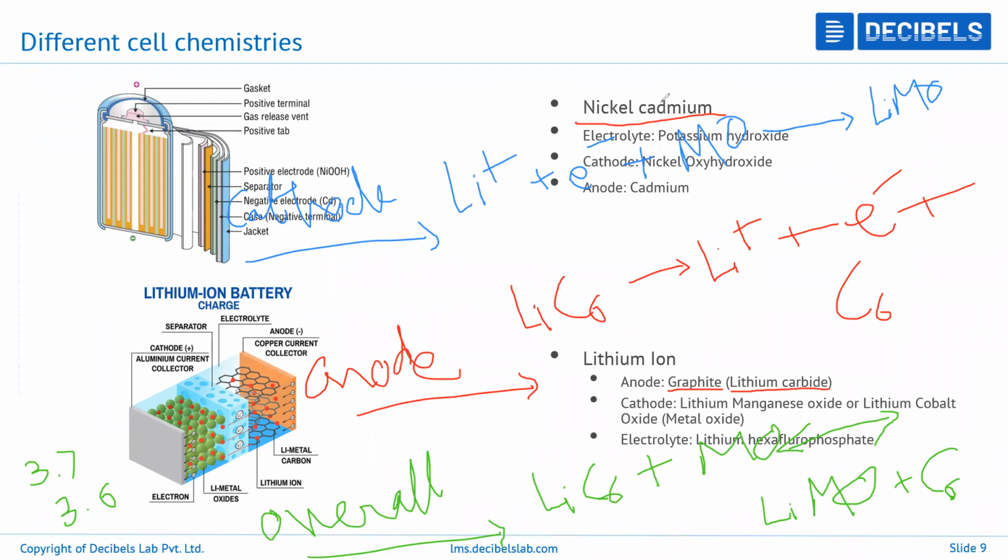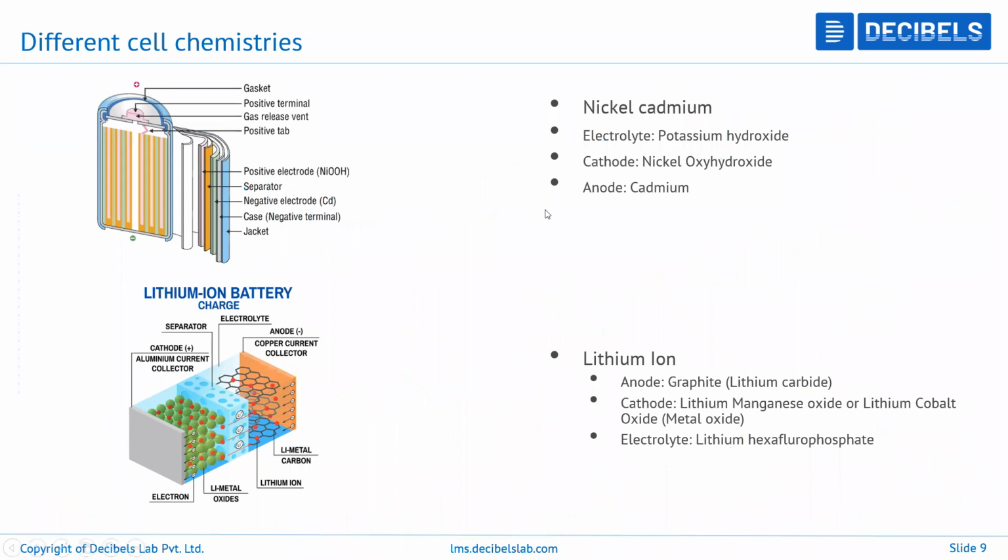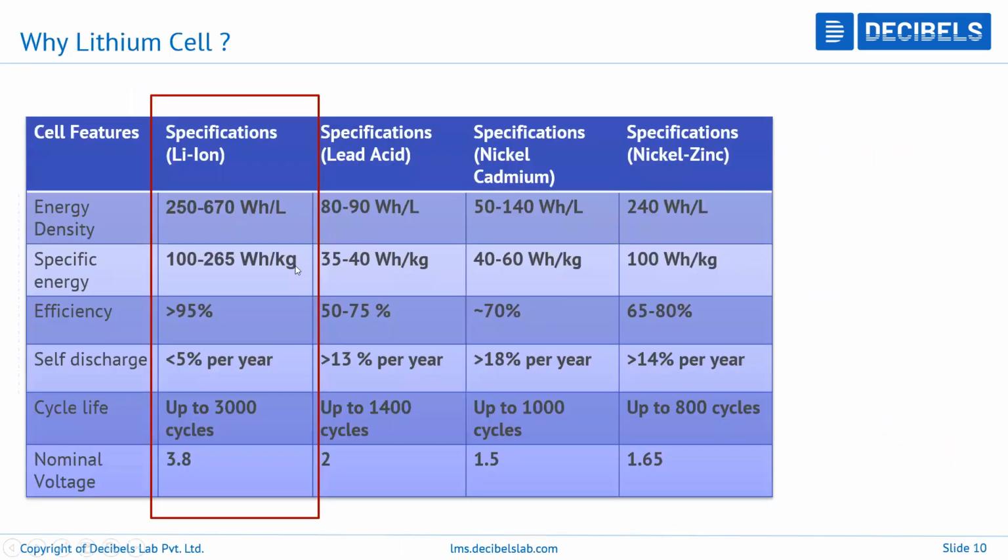Okay. So now we have seen all of the different chemical reactions that occur within the different cells. So now let's have a final comparison between all of these different chemistries. So, it's important to understand why exactly lithium ion cells are used. Yeah.